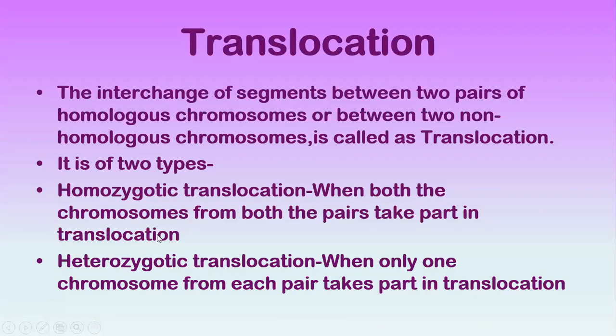So now see the definition. When both the chromosomes from both the pairs take part in translocation, it is called homozygotic or homozygous. Whereas this is heterozygotic, where only one chromosome from each pair takes part in translocation.